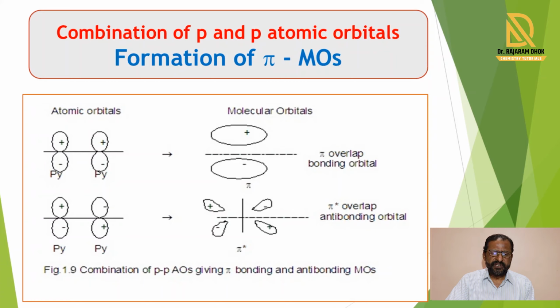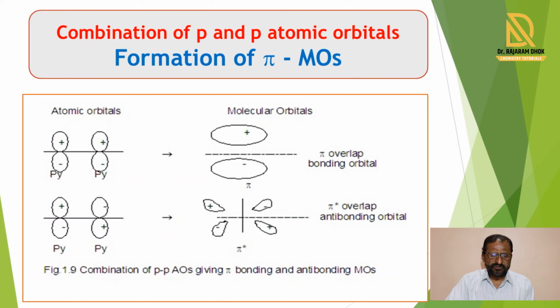Now in case of the pz and pz combination, the same type of combination is formed as with py. And so here the diagram is similar to py in the pz molecular orbitals. So in case of the pz molecular orbitals, there is also a pi bond and a pi star bond. So when the bond is formed by combination of py, it is called pi py and pi star py.